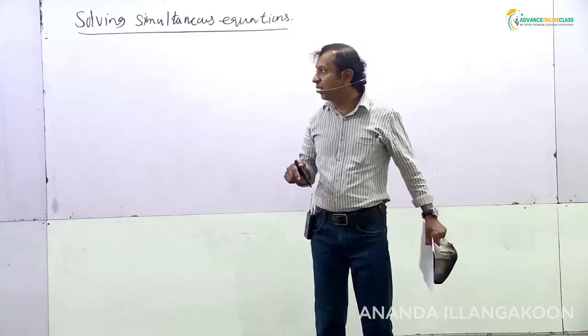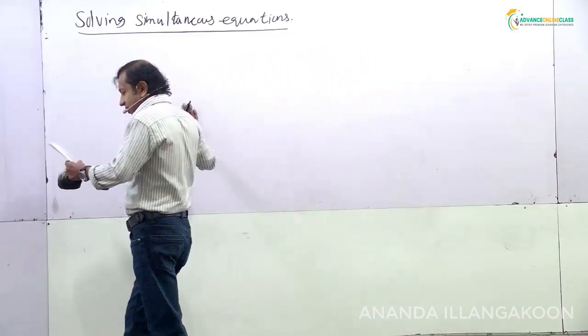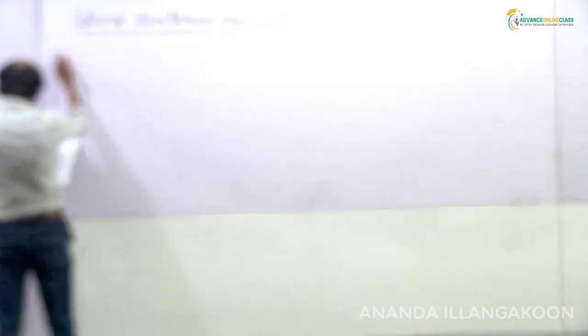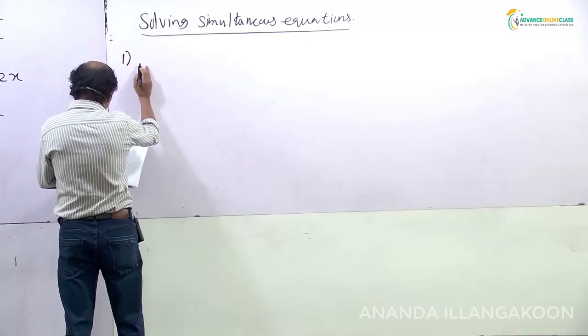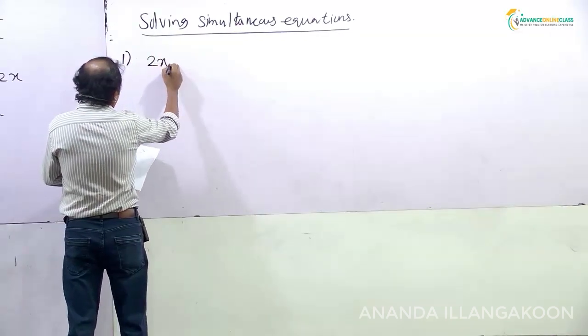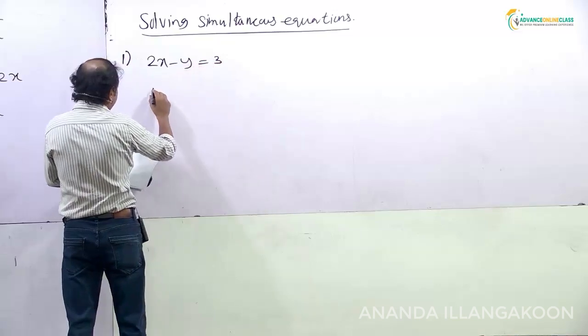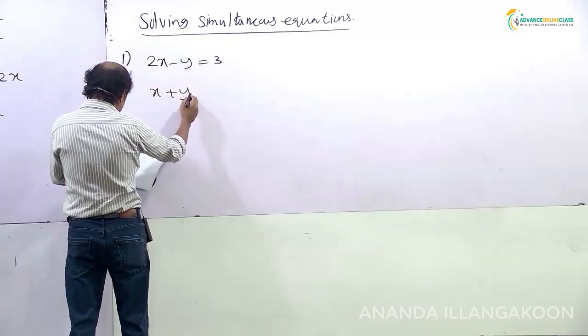Right. Anyway, number 18, I'll take part 1. 2x minus y equals 3. X plus y equals 9.